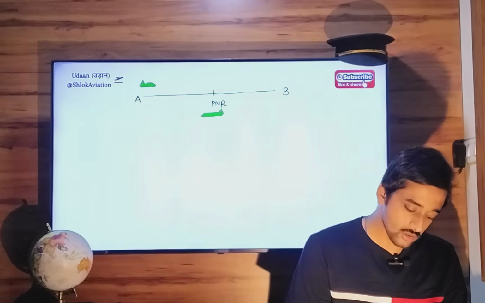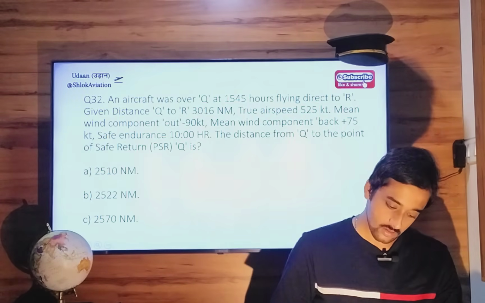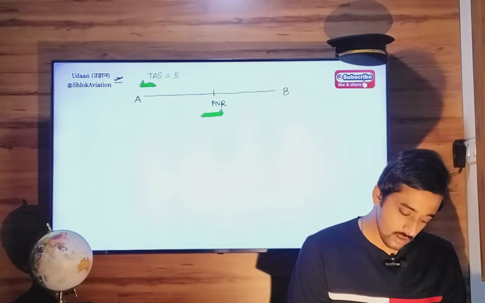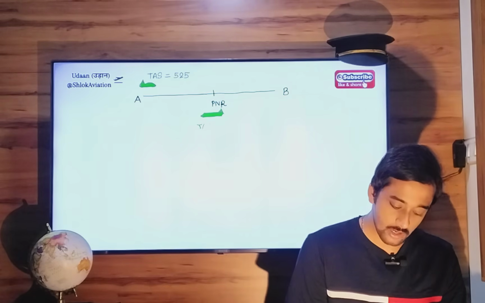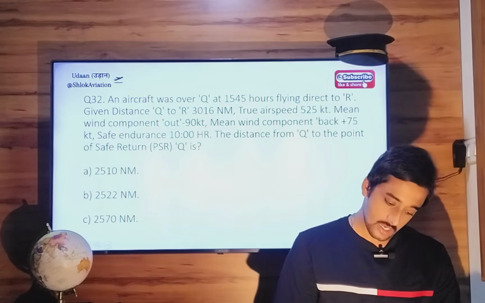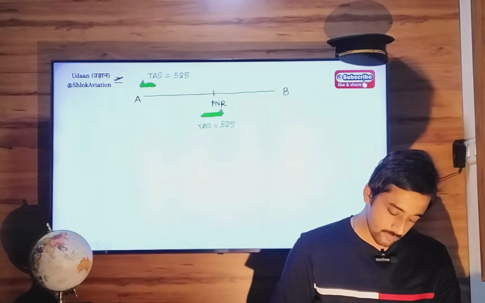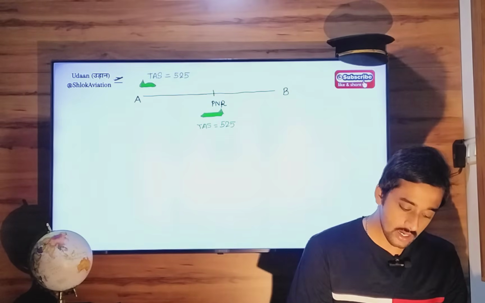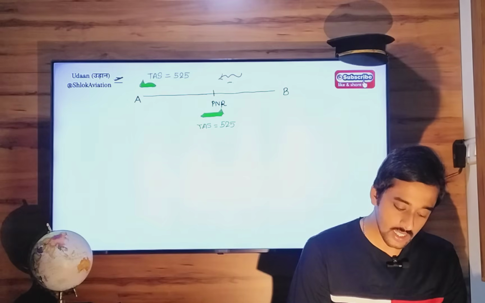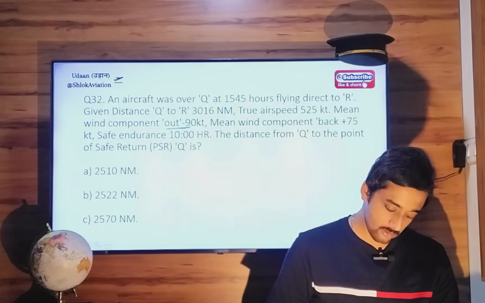Now TAS, true airspeed flying outbound equals 525. True airspeed flying homebound equals 525. Now outbound wind component is minus 90. That means you are getting a headwind of minus 90 knots. Flying homebound, you are getting a tailwind of plus 75.